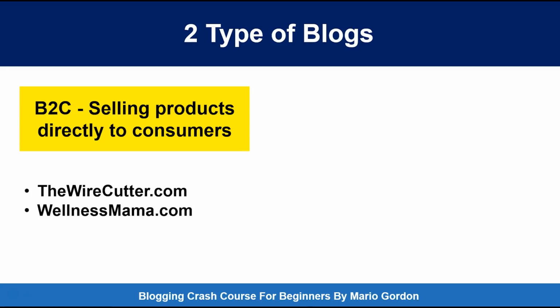Another one is wellnessmama.com. This is a health and wellness site that targets the health and wellness market. They review products also. They give health tips to the market. They basically go directly to the consumer, in terms of giving them lifestyle hacks, remedies and this and that to help improve their overall health.